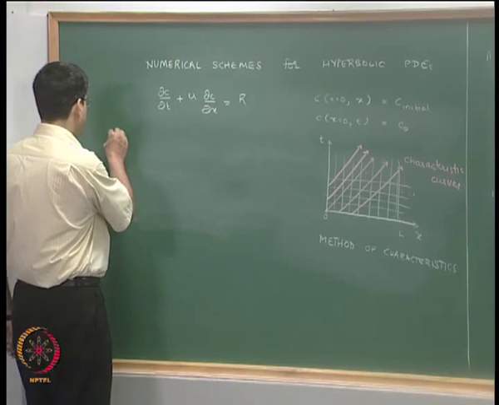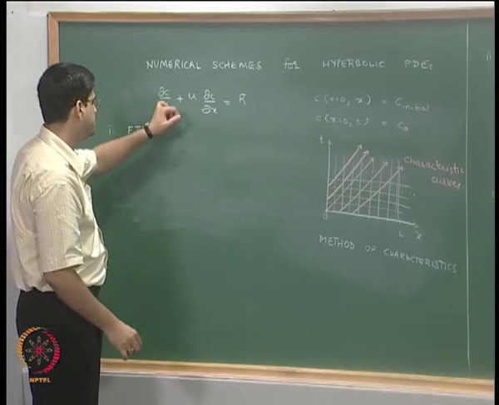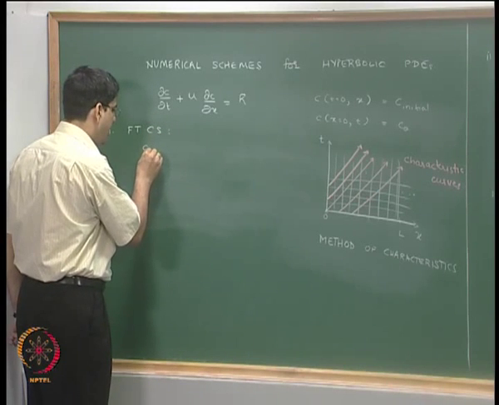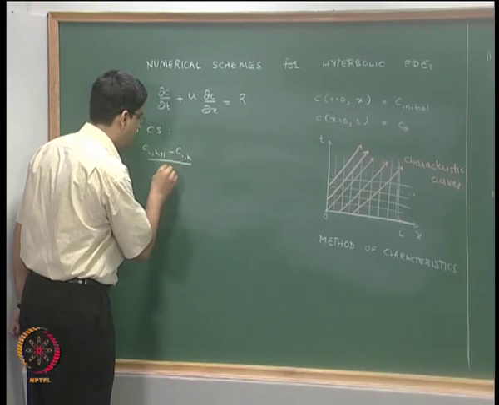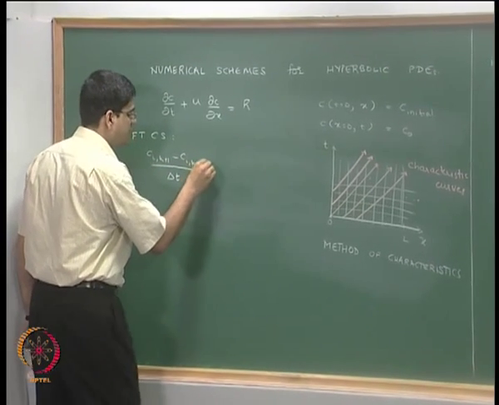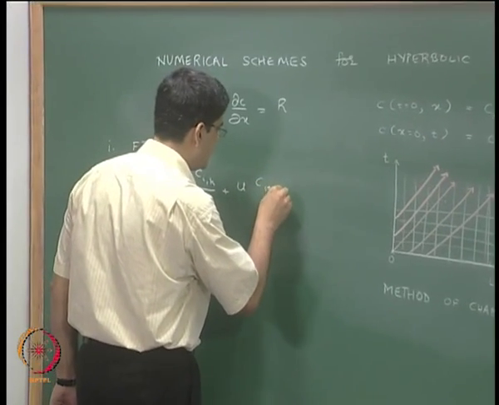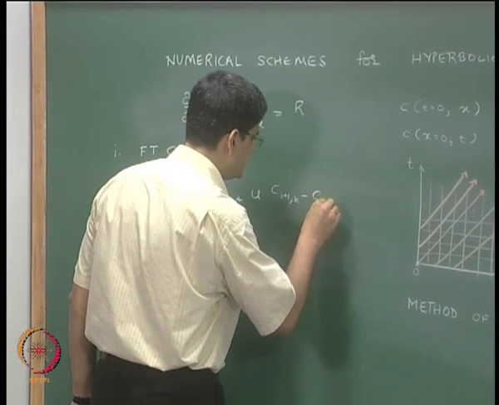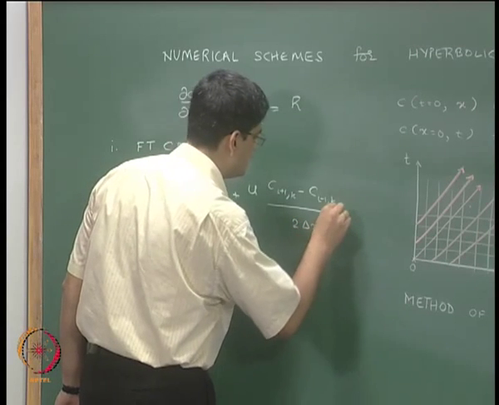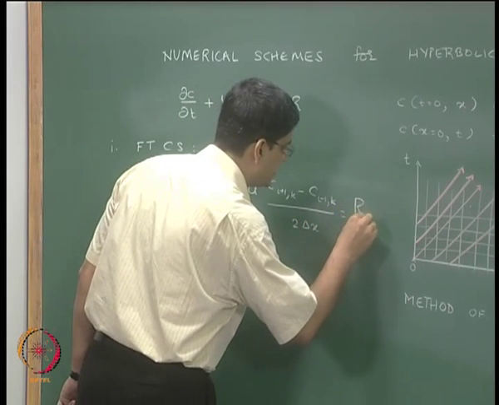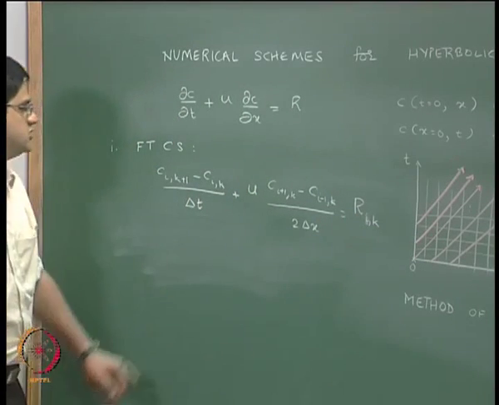So one thing we can do is the forward in time, central in space idea, in which case we are going to get (Ci,k+1 minus Ci,k) divided by delta t plus u multiplied by (Ci+1,k minus Ci-1,k) divided by 2 delta x equal to r computed at i,k.